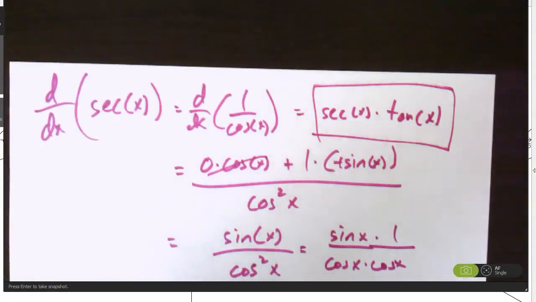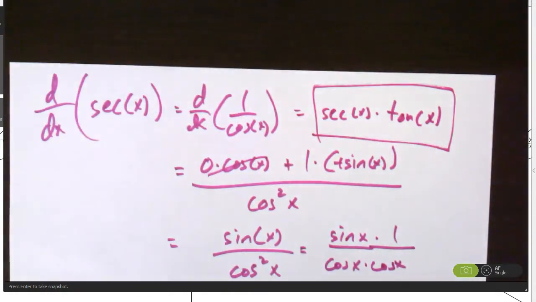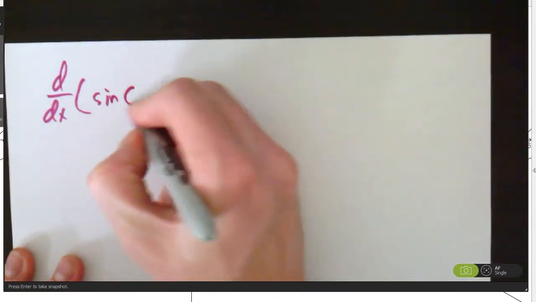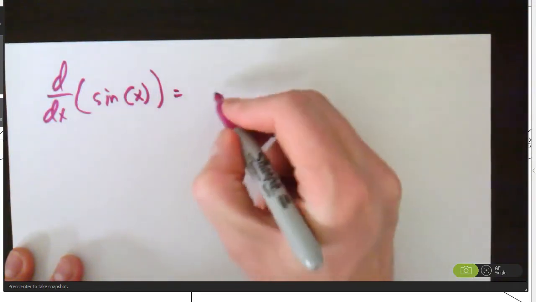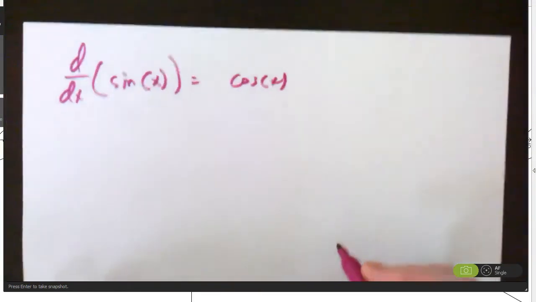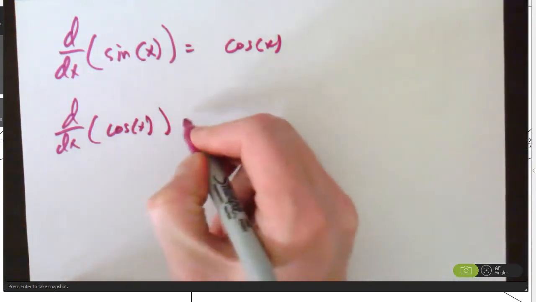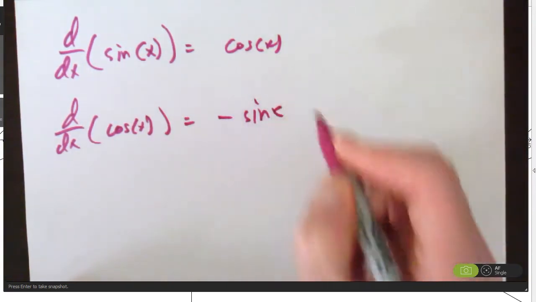So for your homework, you have a worksheet that I gave you in class with this. But just to summarize what we've gotten so far. The derivative of sine x was cosine x. The derivative of cosine x was negative sine x.